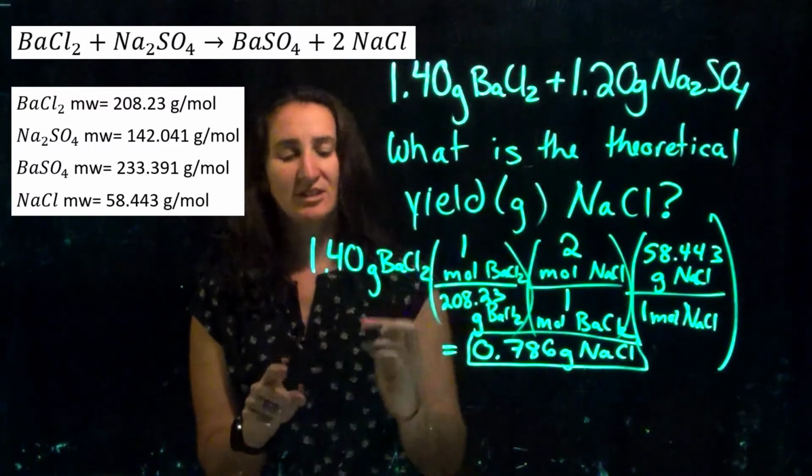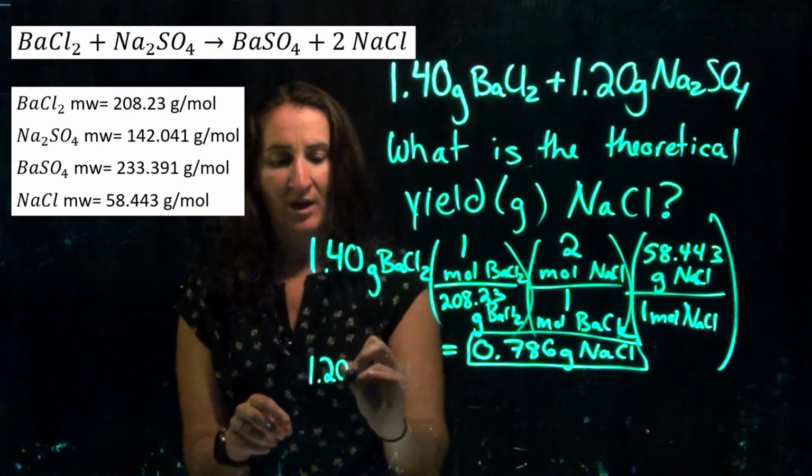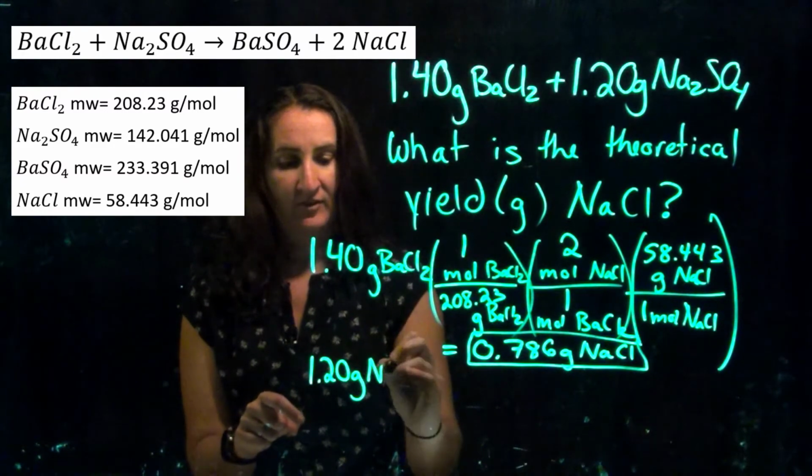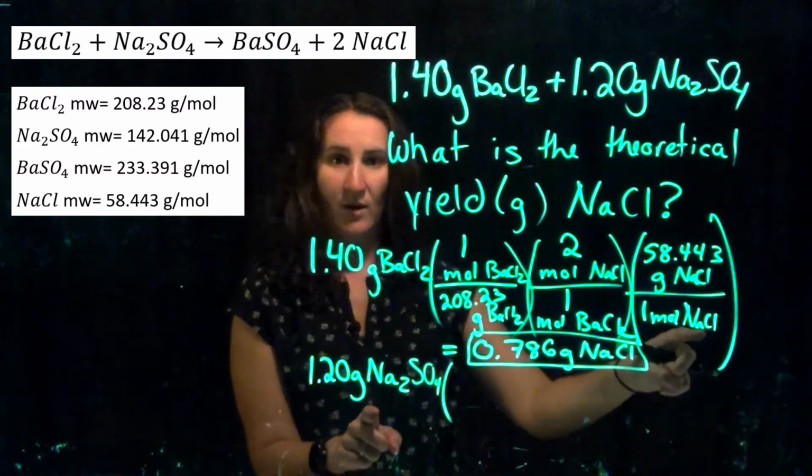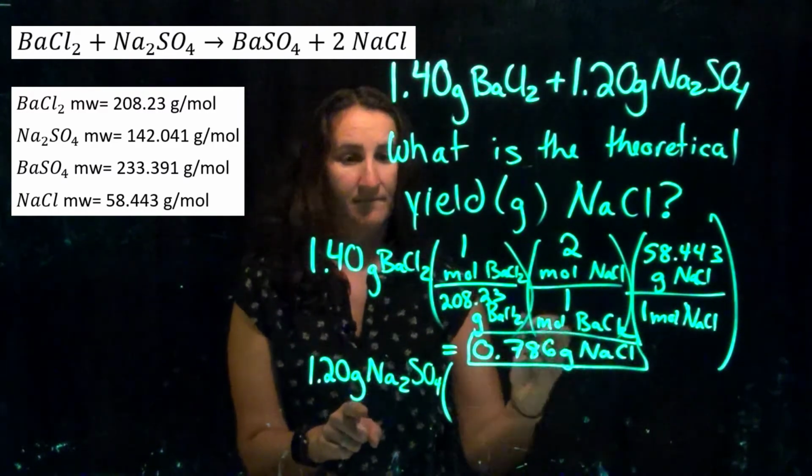So 1.2 grams, let's do this conversion next. 1.20 grams of sodium sulfate. Let's convert it the same way to grams of sodium chloride.